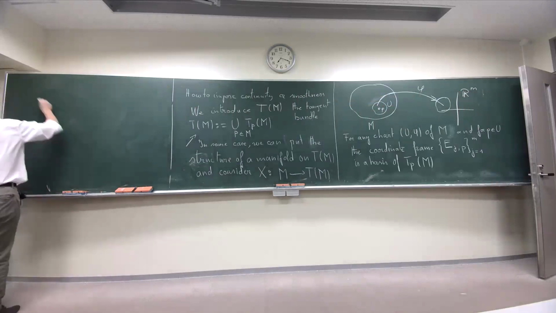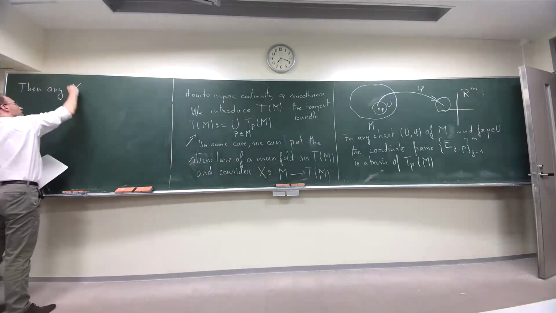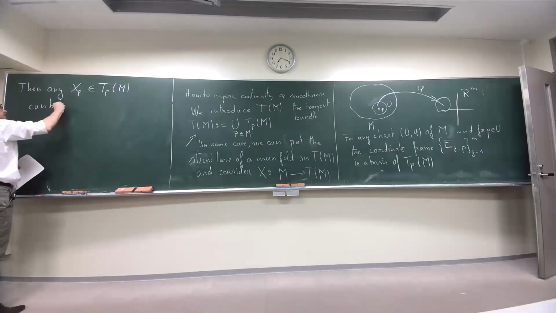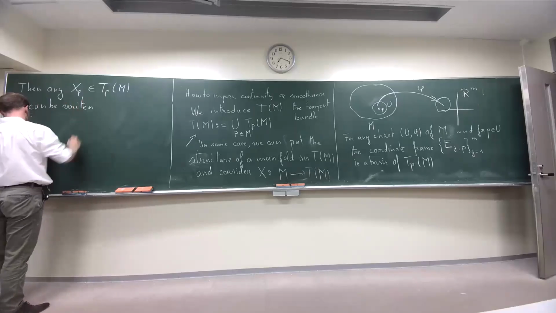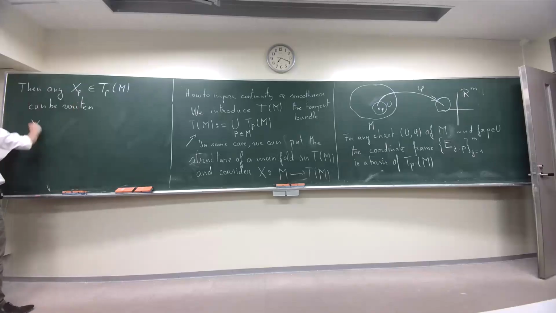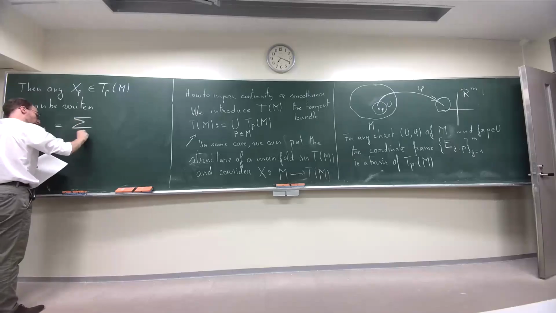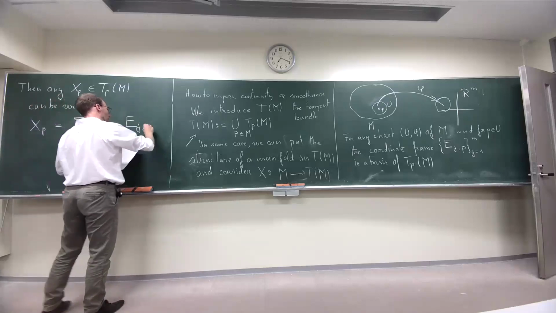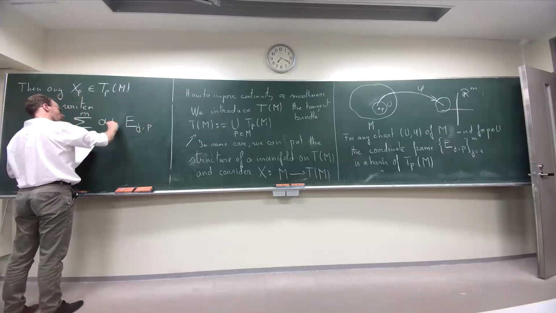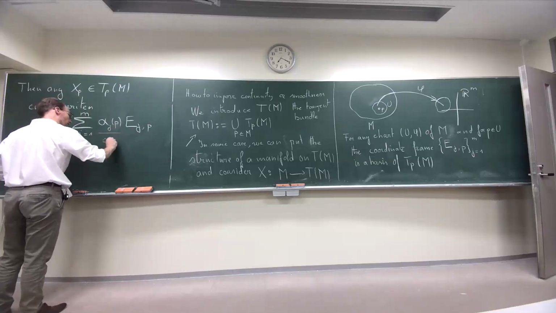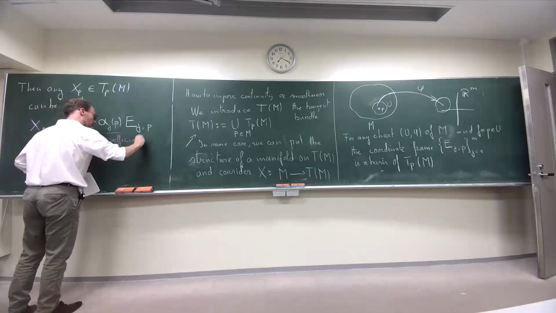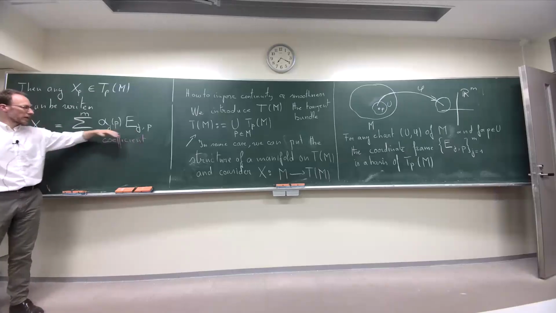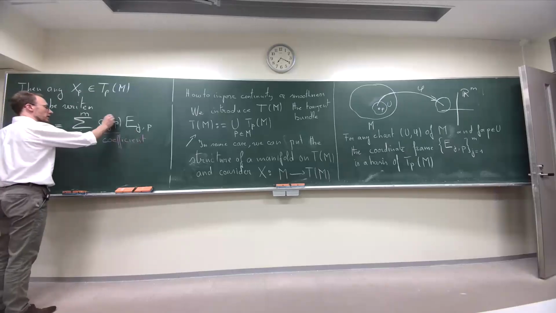So any X_P, which is a tangent vector at P, can be written as X_P equal to a sum, j from 1 up to m, of these e_j of P, and then we have coefficients alpha_j of P. Any tangent vector can be written on a basis with some coefficients, this is linear algebra.